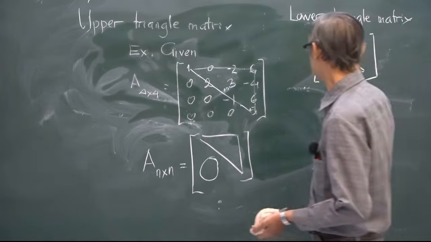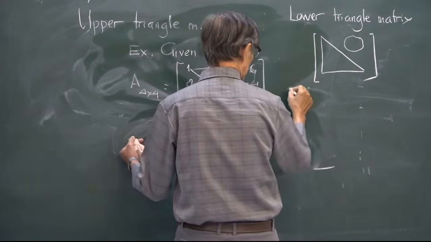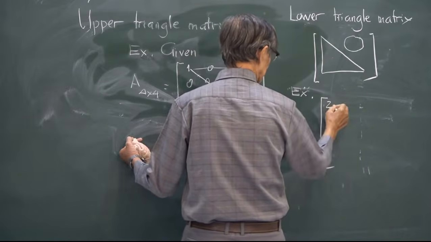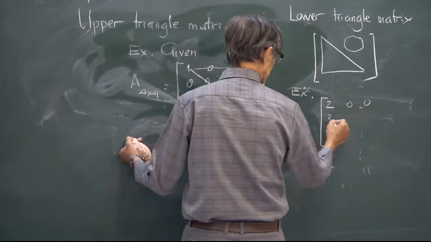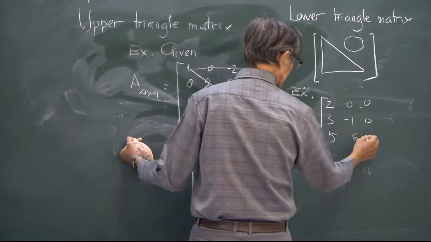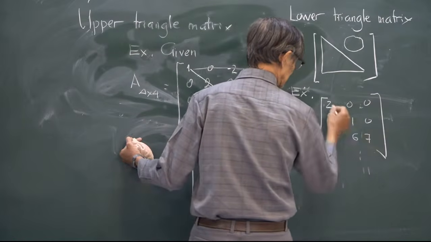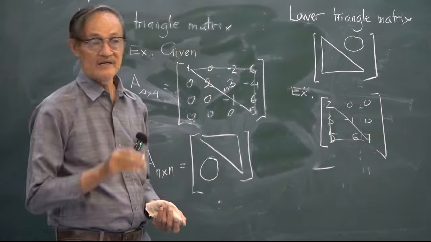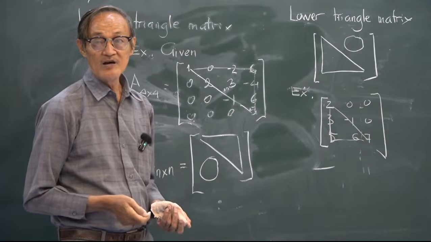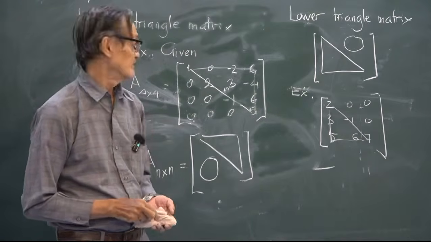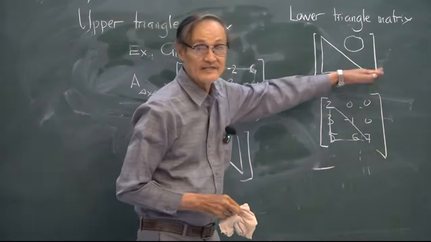Okay. For example, all elements above the main diagonal are zero. All elements zero.